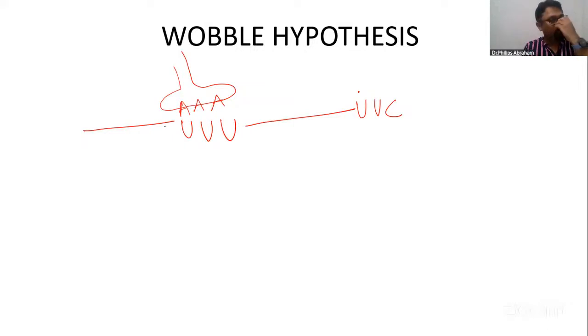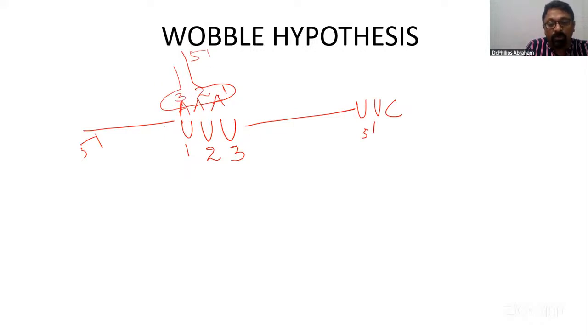You know why? Because there is the wobble hypothesis rule. We number the mRNA from 5' to 3'. This is the first, second and third nucleotide of the codon. The anticodon is anti-parallel, so from 5' this is the first, second and third nucleotide of the anticodon.